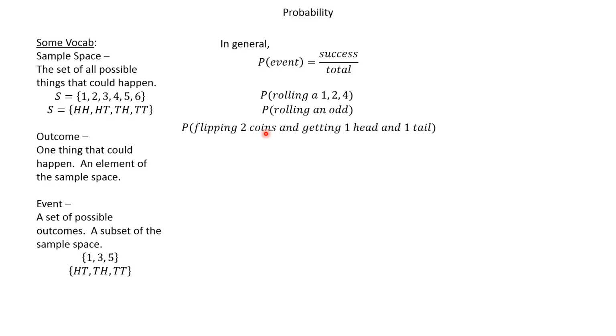It could be probability of flipping 2 coins and getting 1 head and 1 tail. Chances are, if you had a problem like this, you know that you're flipping 2 coins. So it'd probably just be P of 1H and 1T. But again, you can be more verbose. If brevity is not your thing, feel free to let it all out here.